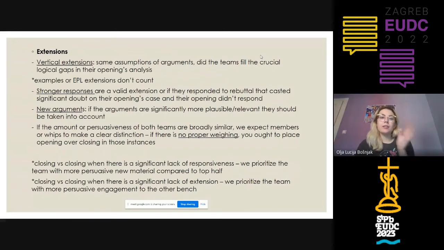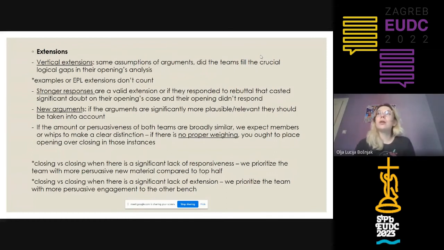And I think this is very important, and you're going to hear a lot of judges say, when there's a very close call on a bench, that if the persuasiveness of both teams is broadly similar, we do expect members or whips to make a clear distinction with their opening. So if there is no proper weighing, you ought to place opening over closing in those instances, right? They're just going to happen, and a lot of times this is just true.